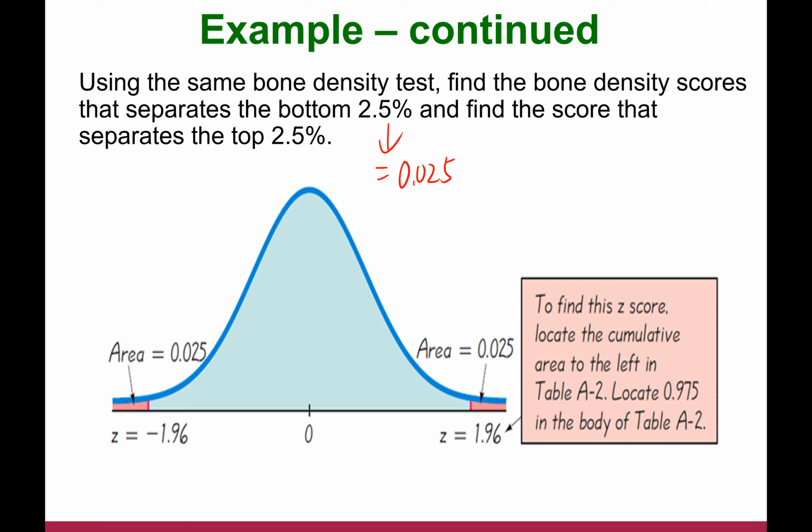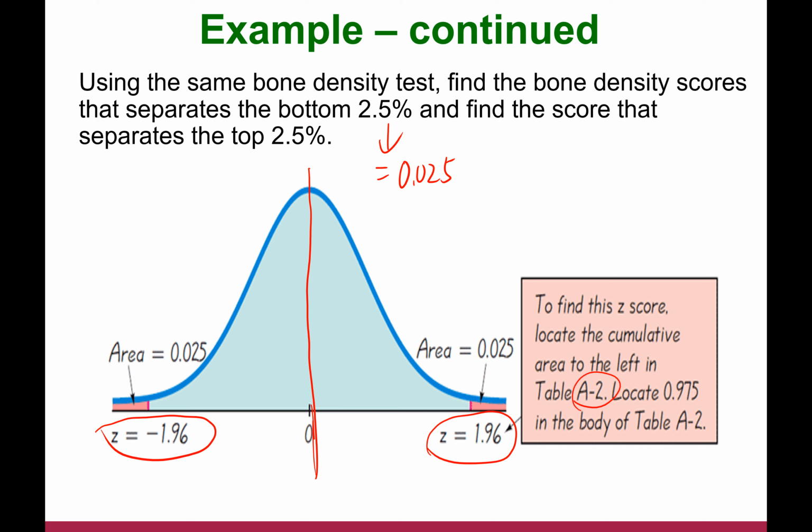On the left tail, you get 0.025. Then go back to table A2, and you'll be able to find the corresponding z-score, which is negative 1.96. And since it's symmetrical, using the symmetrical property, we know that the positive z-score here will be 1.96 on the right.